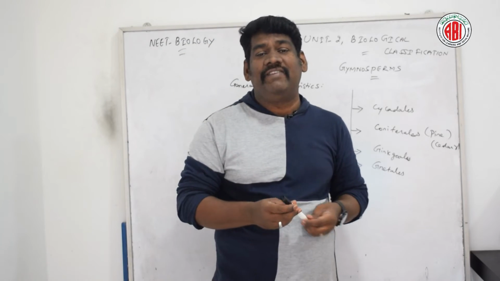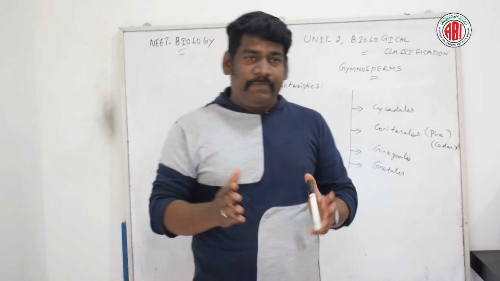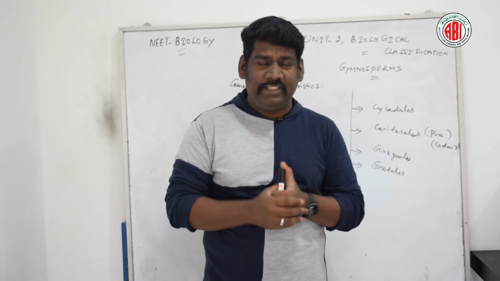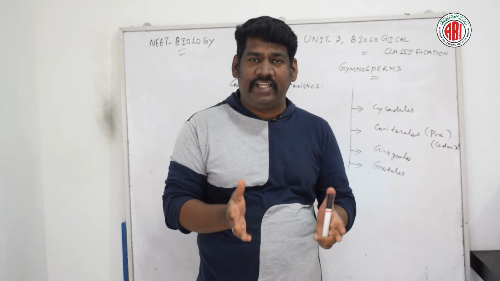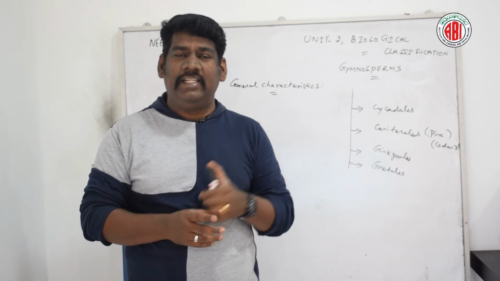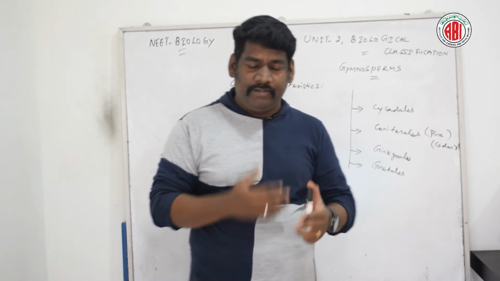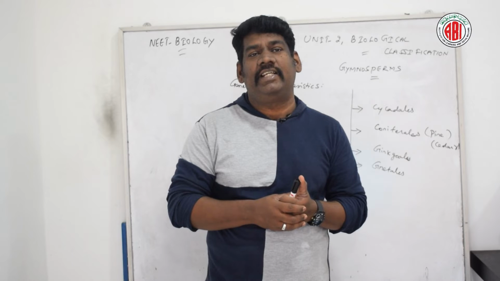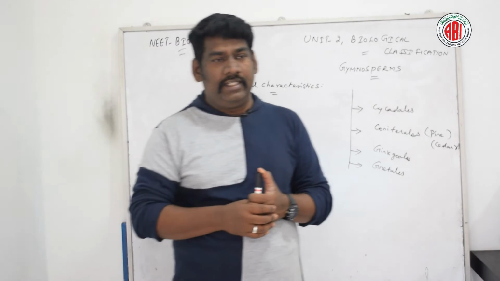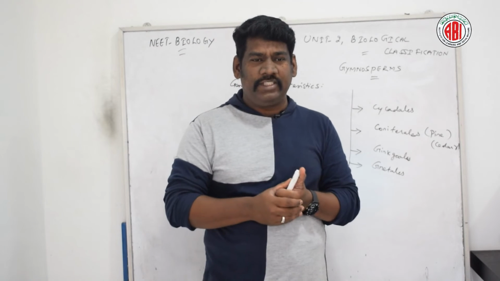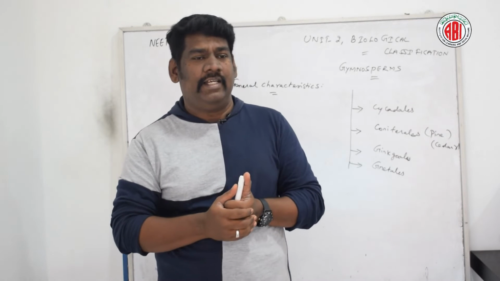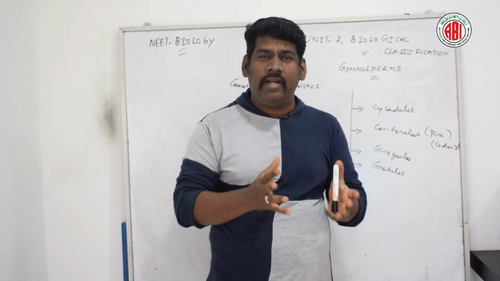There are a few evidences, and gymnosperms are usually woody plants, represented by trees and small shrubs, and usually they are perennials. Perennials are nothing but they continue their life cycle for many years, and they also bear the taproot system, and they may exhibit association with algae to form coralloid roots.